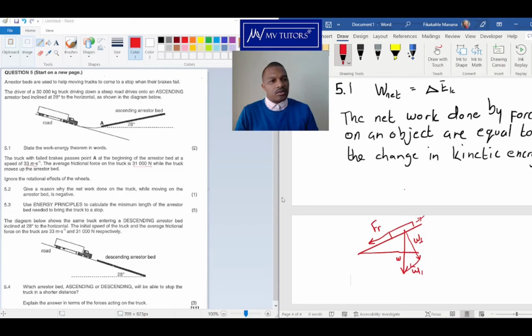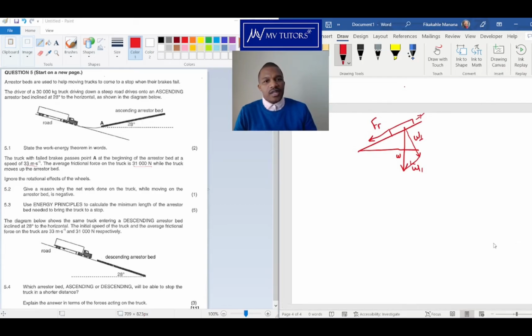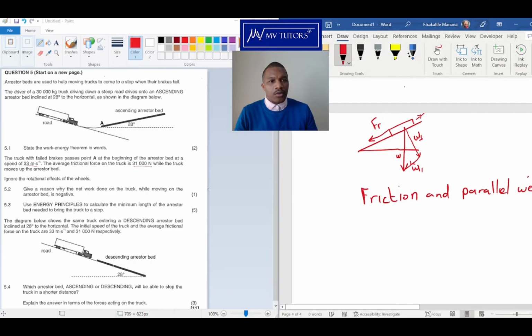Meaning that we can conclude that what is happening here is that friction and the parallel weight component act in the opposite direction of motion.